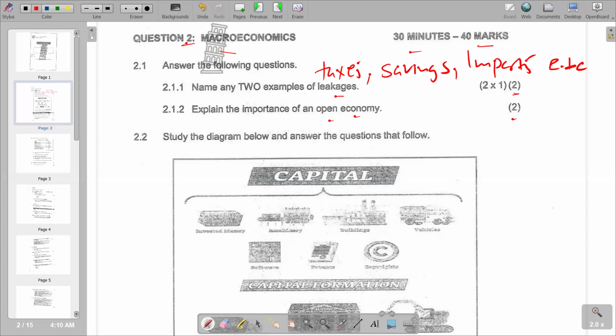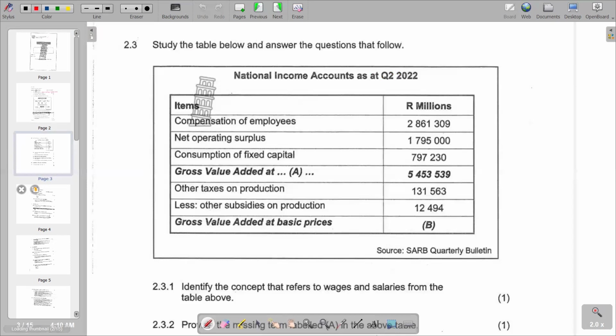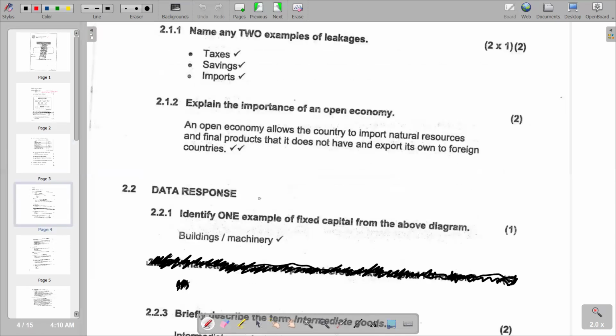We go to the other section and look at the explanation on the importance of an open economy, which is our 2.1.2. The explanation says an open economy allows the country to import natural resources and final products that it does not have, and export its own to foreign countries.